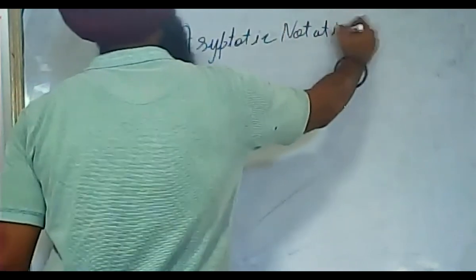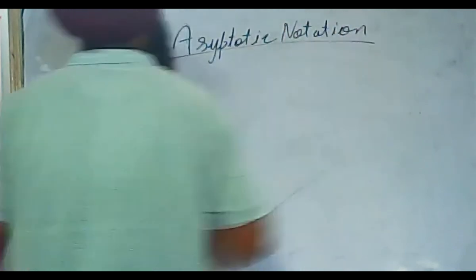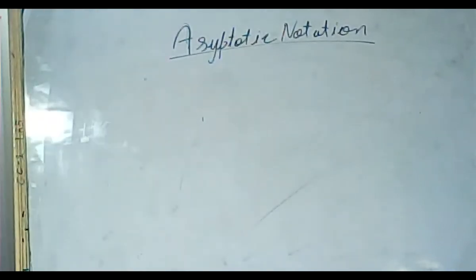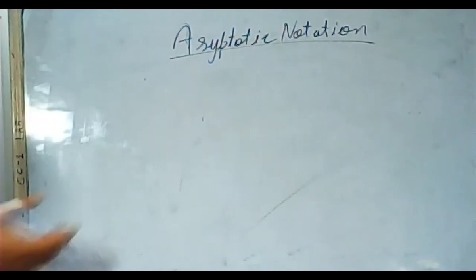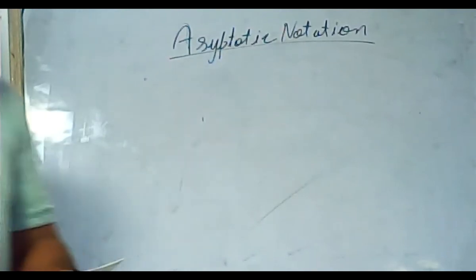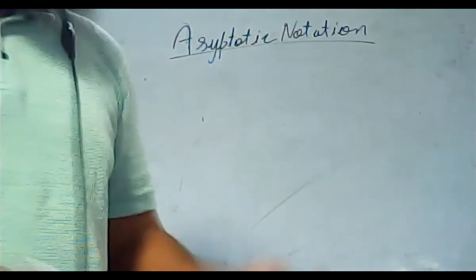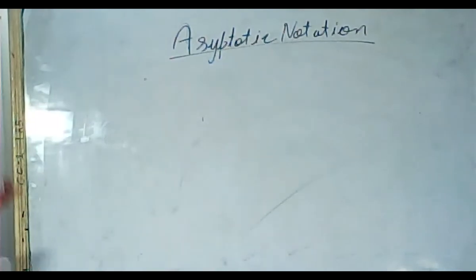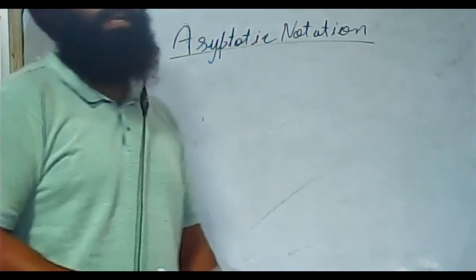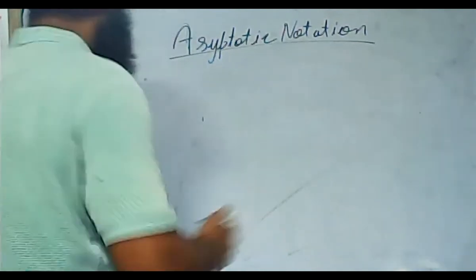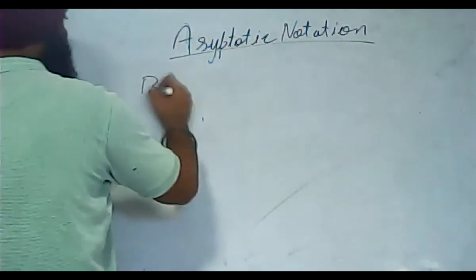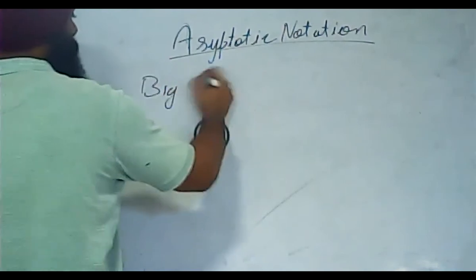This is our first topic that we are going to cover today, asymptotic notations. There are three types of asymptotic notations. There are other types as well, but these are the notations we will be using in our subject. The first one is big O.